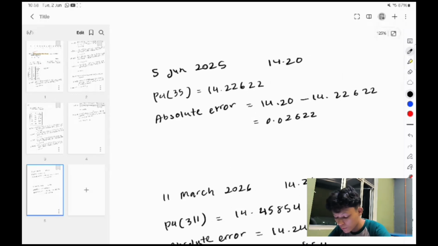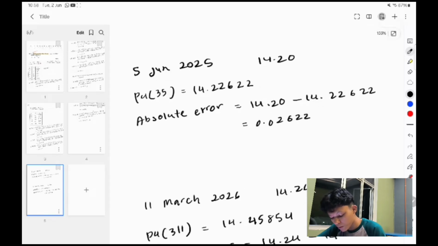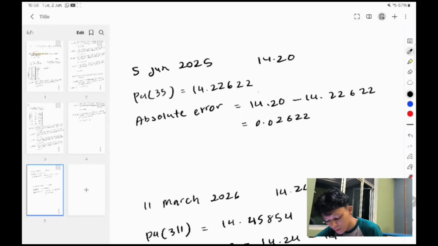For 5 June 2025, from the official website, I got the data which is 14.20, and from our calculation 14.2022, and for the absolute error, the exact value minus our calculation, 14.22622, and we got the absolute error is 0.02622.